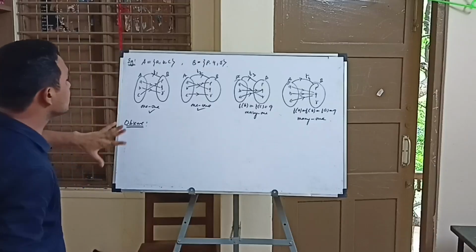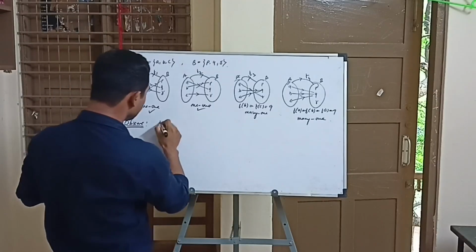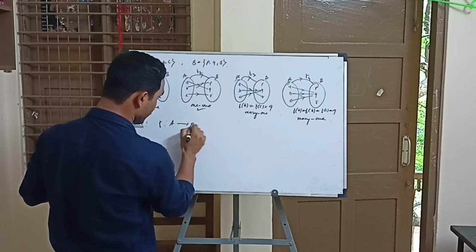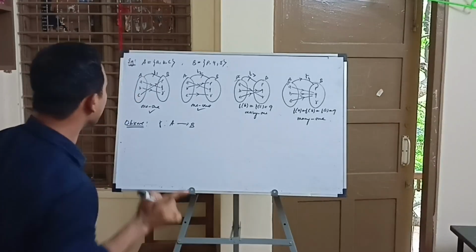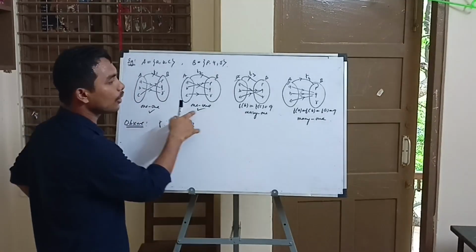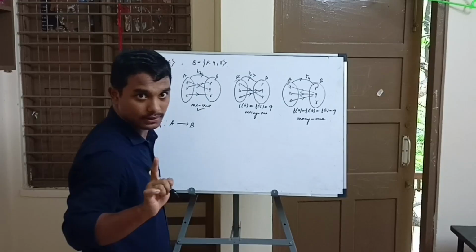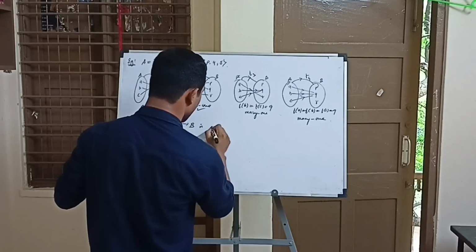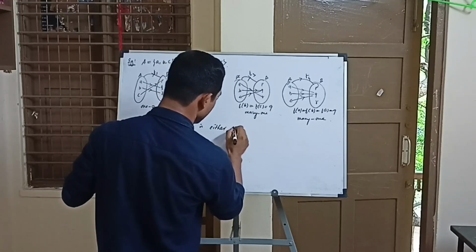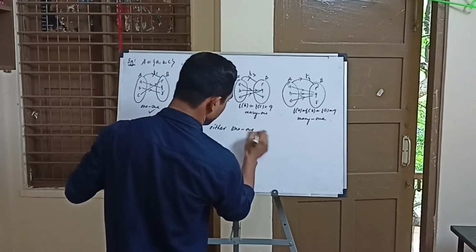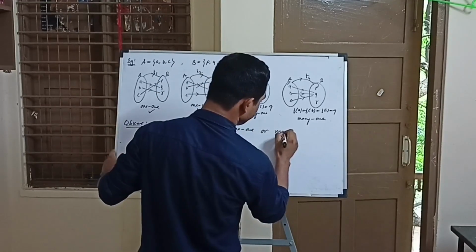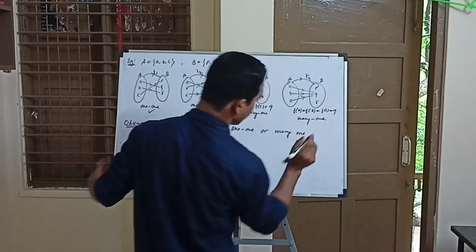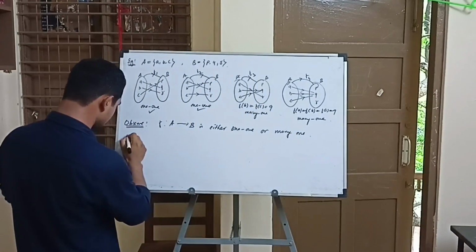Okay. Observe this. f is a function from A to B. f is either one-one or many-one. Correct? That means what?